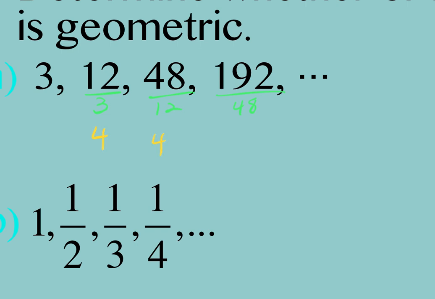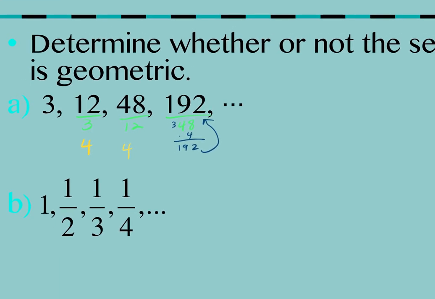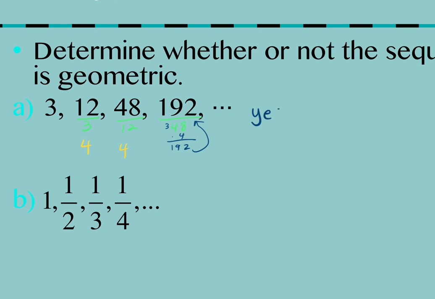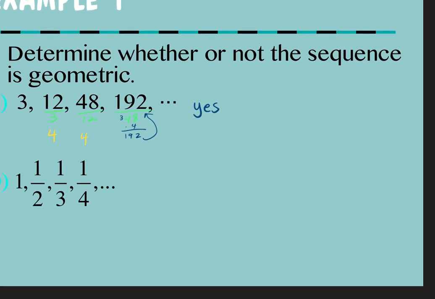And then probably easier than dividing 192 by 48 is multiply 48 by 4 and see if you get 192. So sometimes the bigger numbers, it's easier to go the other way. And it is, which means this is a yes, this is geometric. It didn't ask for it, but if it had asked, R would be 4.